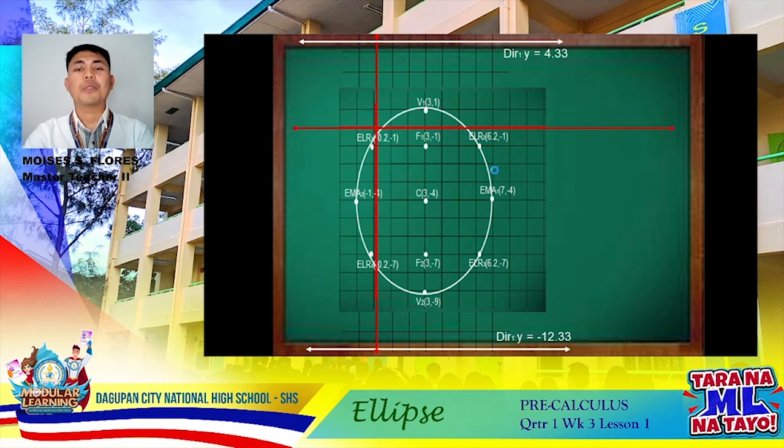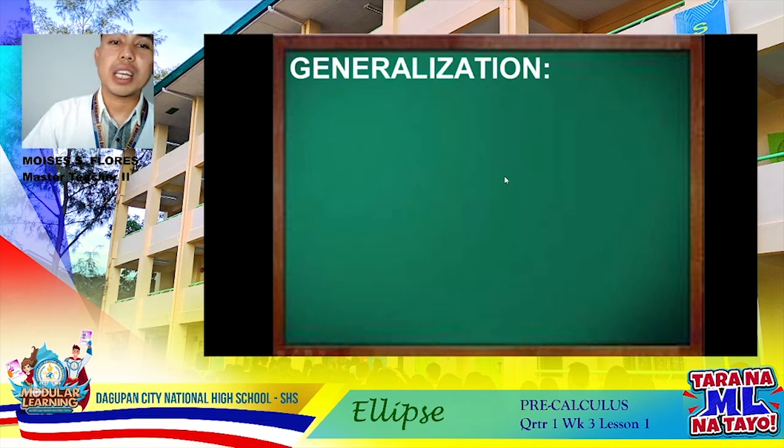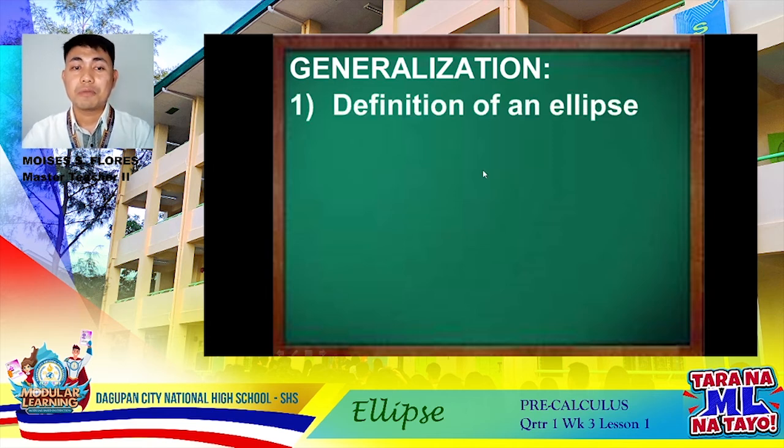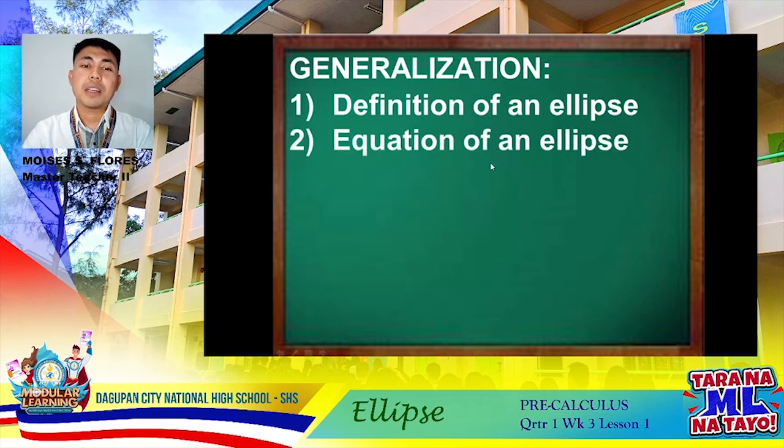Now let's sum up our discussion on what we have today. We have discussed the definition of an ellipse. We have also discussed the equation of an ellipse from our standard form, centered at origin, centered at h, k, and of course we have noticed that it is always equated to 1, considering your A square as the major axis and your B square as our minor axis, and of course our general form, which is always equated to 0.